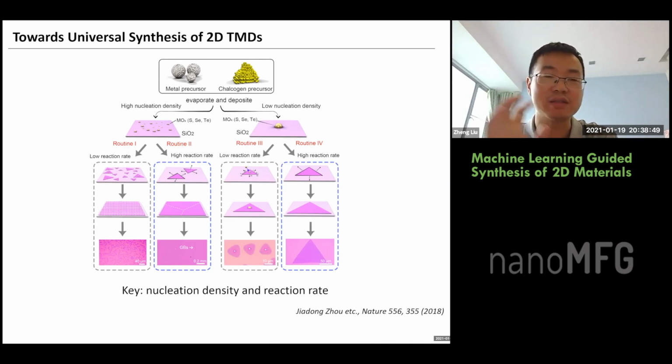And if you look at the growth of the TMD itself, there are two key parameters, right? One is the nucleation density. We have to make sure there's a nucleus on the substrate so that the reaction can happen, so that we can have the materials. And the second one is the reaction rate. With a low reaction rate, the material grows in small domains.